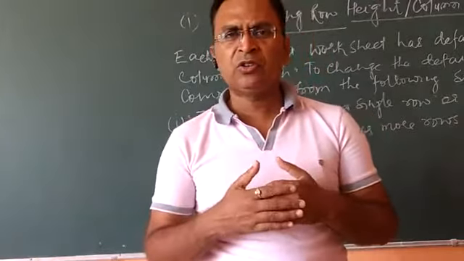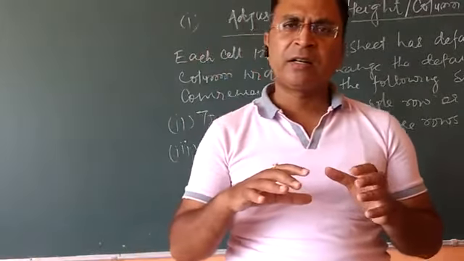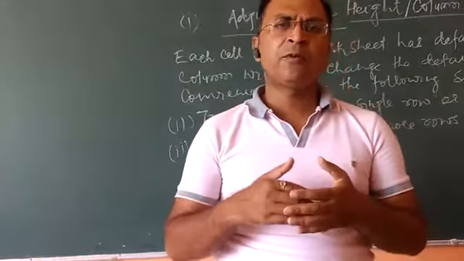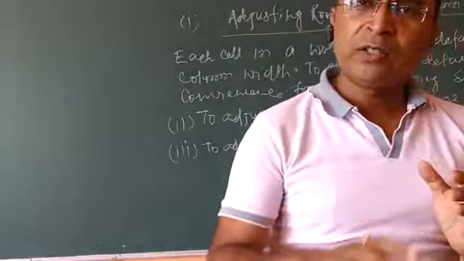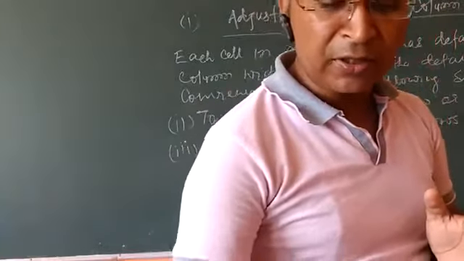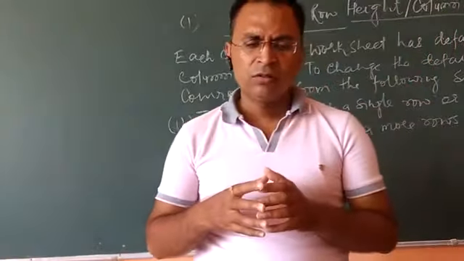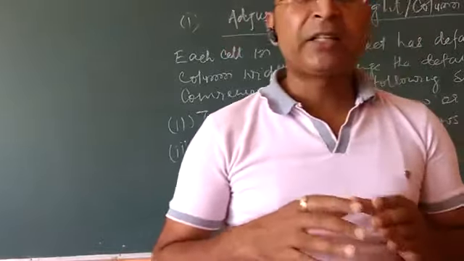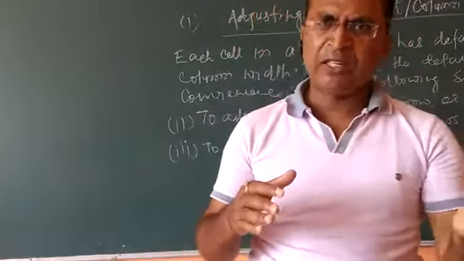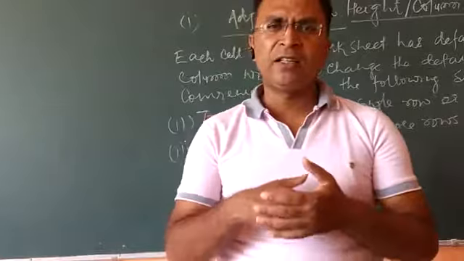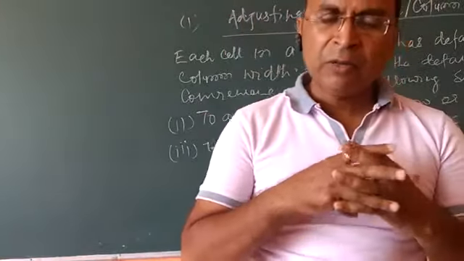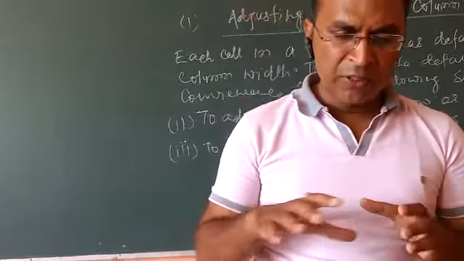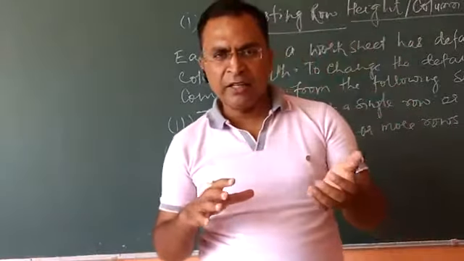The default setting is given in the application, but whatever you require, you have to enter the row height there. You have to enter the value. Or if you have selected columns, in the same manner, in the same process, you select the column and then choose column width.